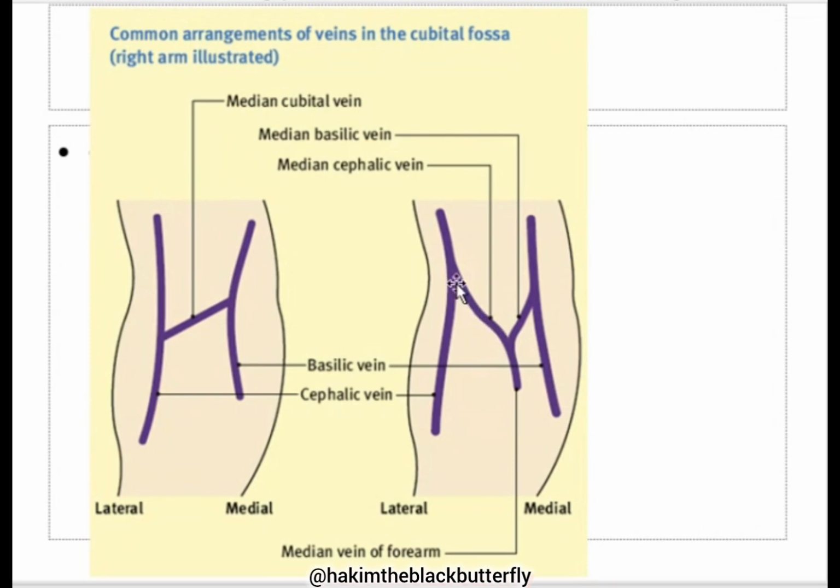There is a tributary draining into the cephalic vein known as the median cephalic vein, and another one known as the median basilic vein. So this is the format in some individuals, whereas in other individuals, this is the other format. However, what matters is that these veins are within the roof of the cubital fossa, and they can easily be accessed for laboratory investigations.